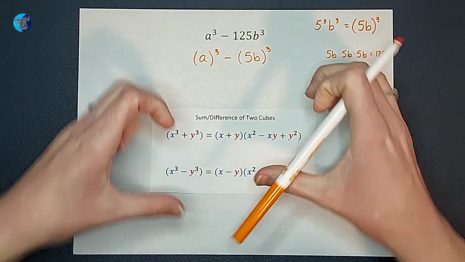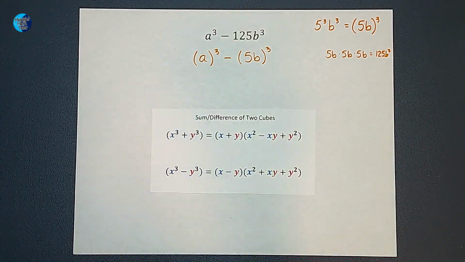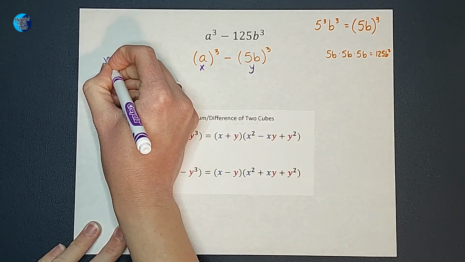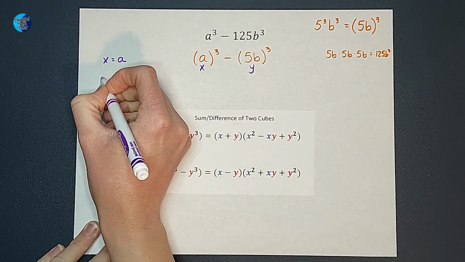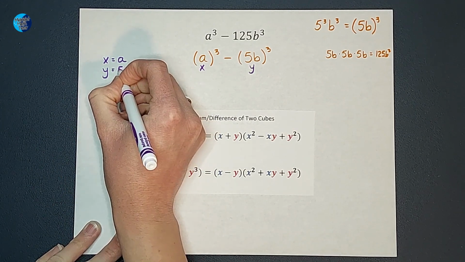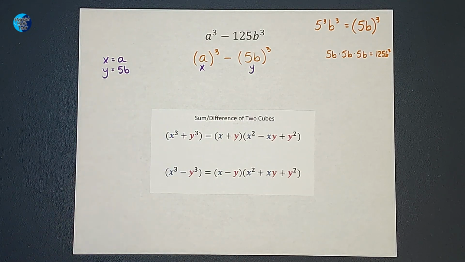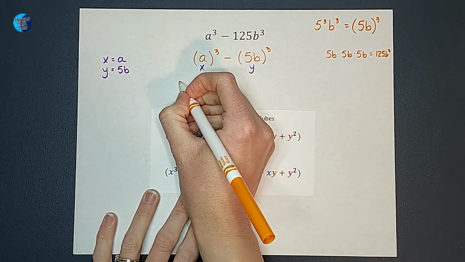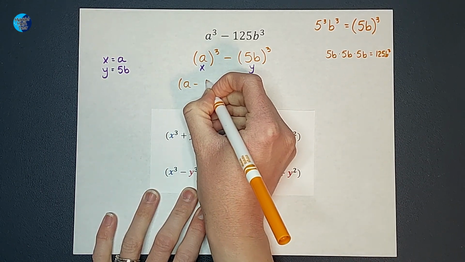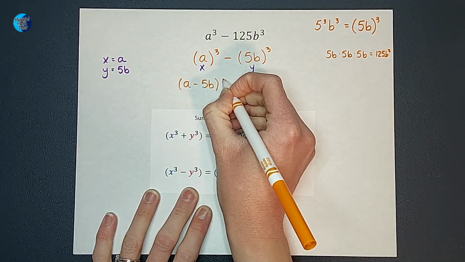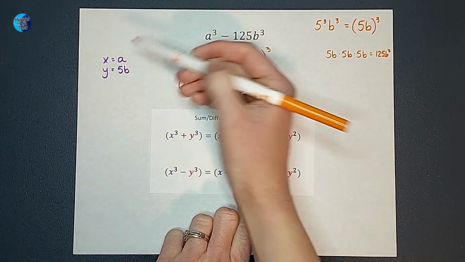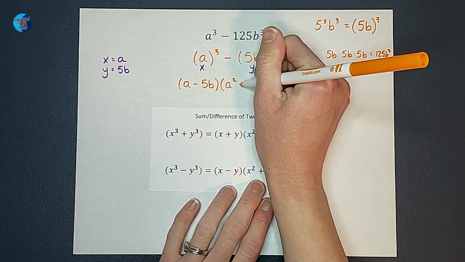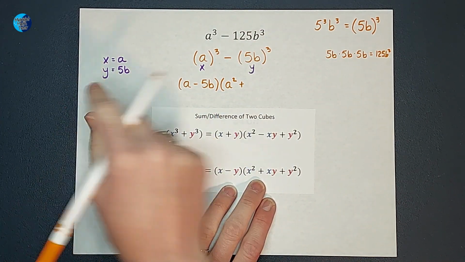So when we do this, our x and y are here. This is my x, the first term. This is my y. I also sometimes like to write it over here. x equals a and y equals 5b. All right, now let's see what we can do here. So I'm going to have x minus y, or a minus 5b, times x squared, so a squared, plus x times y, so a times 5b.